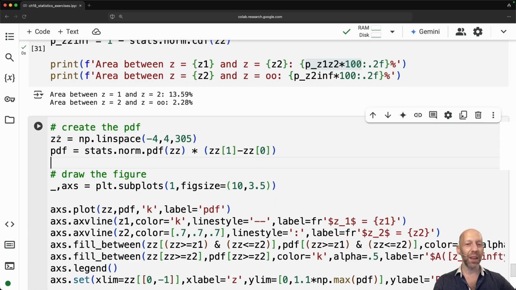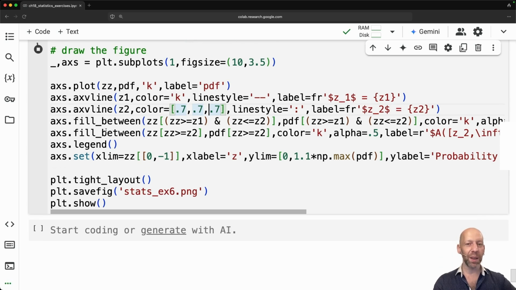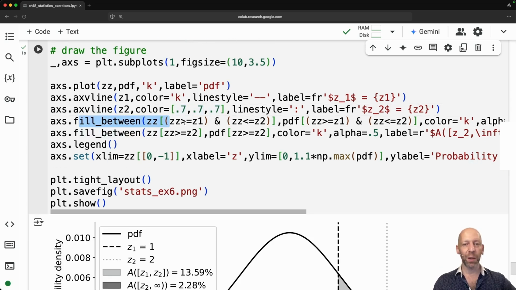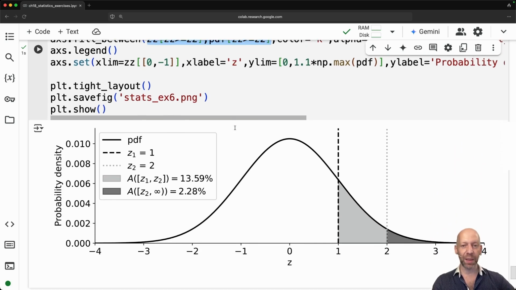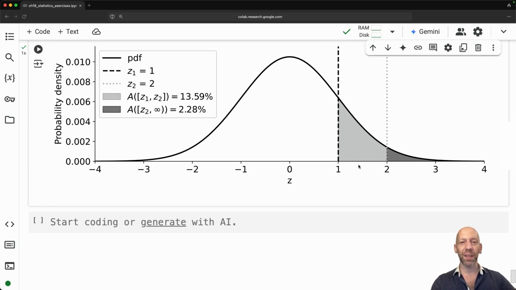Okay, so here I create a normal distribution from -4 to +4, and then I'm making a plot, and drawing in two areas corresponding to the area between Z1 and Z2, so 1 and 2, and between 2 and everything bigger than 2. Now when you look at this plot, I think it makes it really clear what is going on.